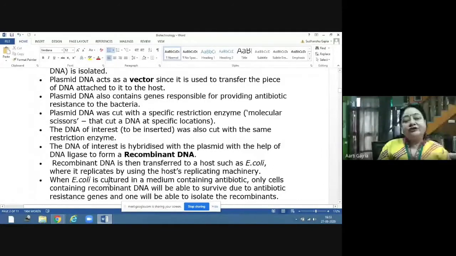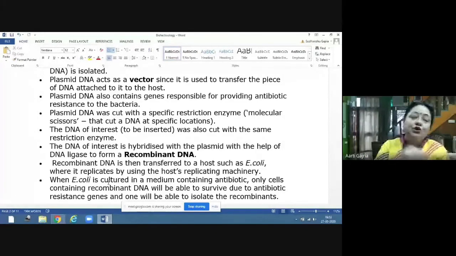Now here, what was the host? E. coli. From where we have taken the antibiotic resistance, the vector was Salmonella. From Salmonella, the plasmid is the vector, and then it was put into the E. coli. So E. coli, where the recombinant DNA is present, will form multiple copies.